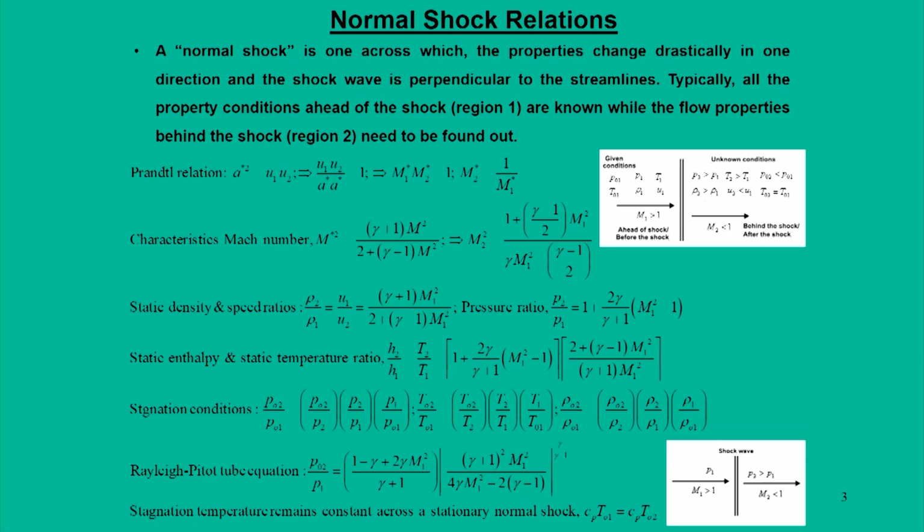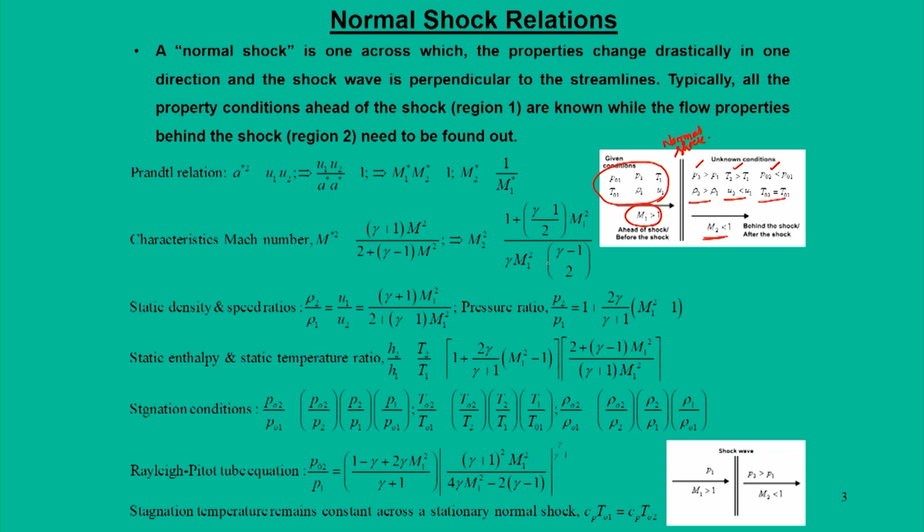If you think of this as a normal shock, the streamlines entering at supersonic flow with given conditions of thermodynamic properties and fluid mechanics properties, when crossing the shock wave, the pressure shoots up, temperature shoots up. These are static pressure and temperature, but stagnation pressure drops, stagnation temperature remains constant, static density increases and velocity drops, and Mach number becomes subsonic.